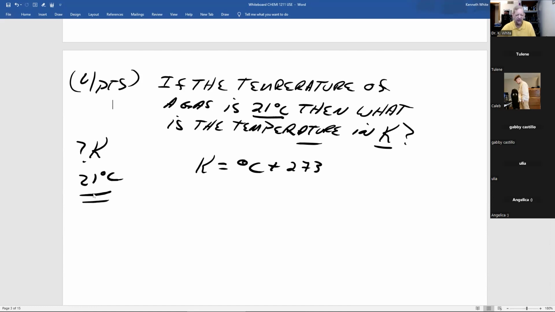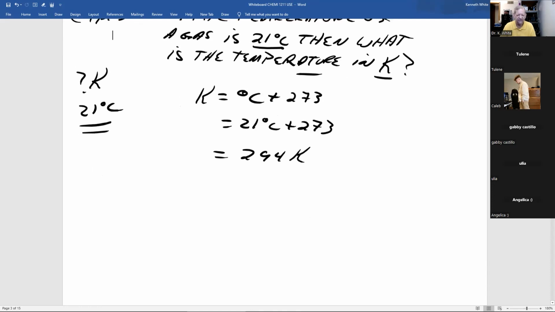We took the time to figure out what degrees C is, 21. And I can do this one in my head. And that's the answer, 294. And this one is pretty straightforward.